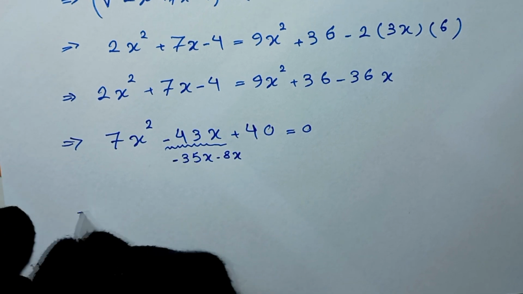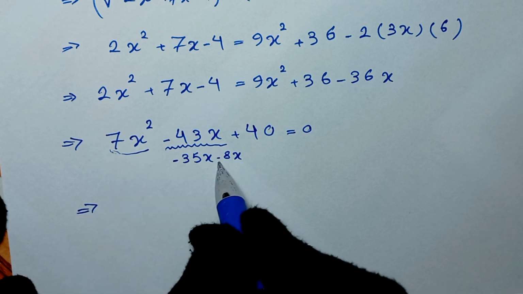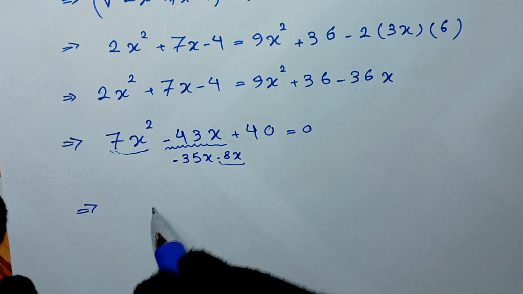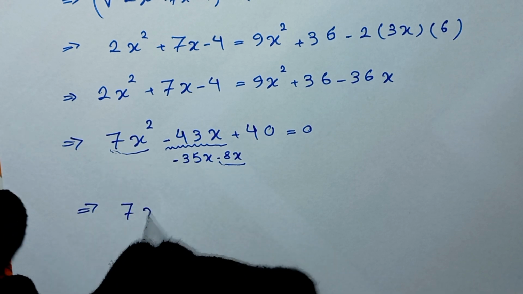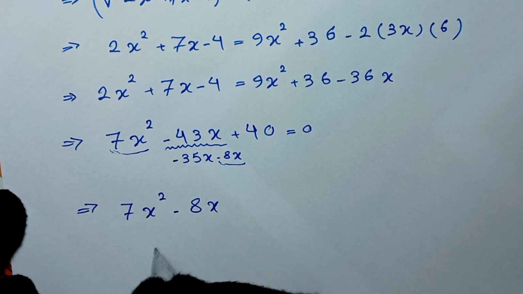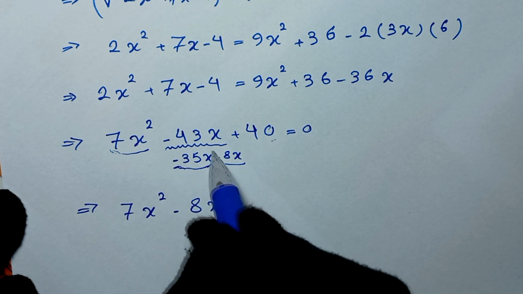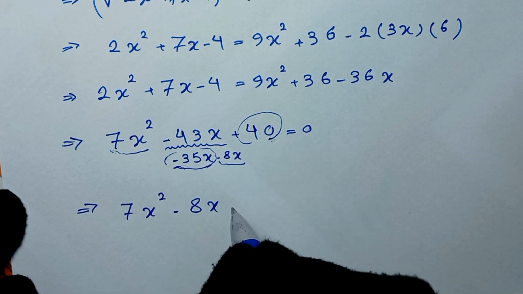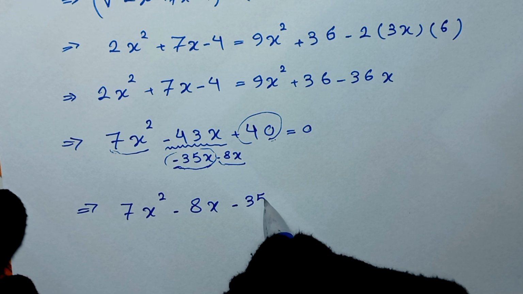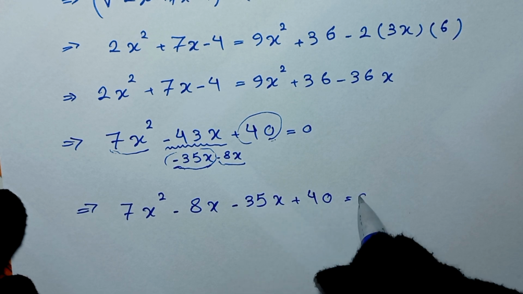And in next step, we take this and these together, so we write 7x squared minus 8x, and this and this together, and it will be negative 35x and plus 40 is equal to 0.